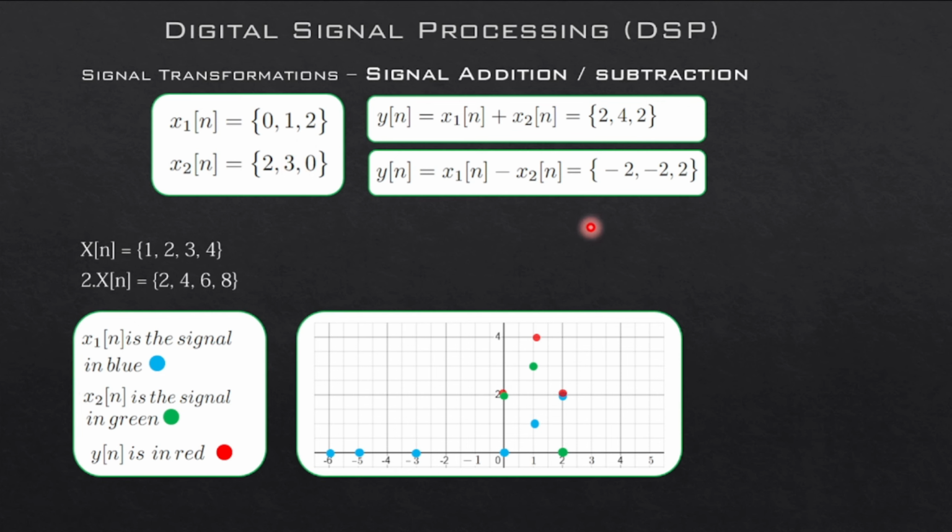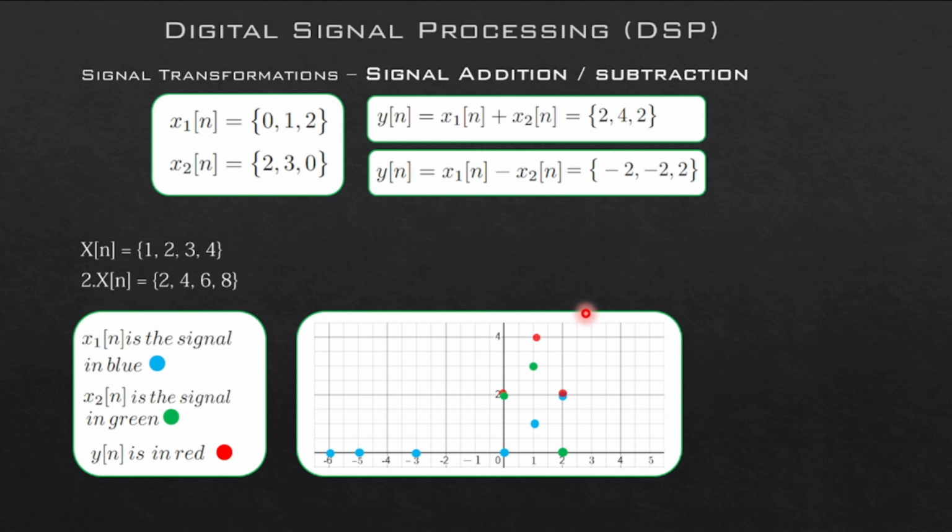Let's say x1[n] is the signal in blue, x2[n] is the signal in green, and y[n] is the signal in red. Here 0 plus 2 gives you 2, and 1 plus 3 gives you 4.